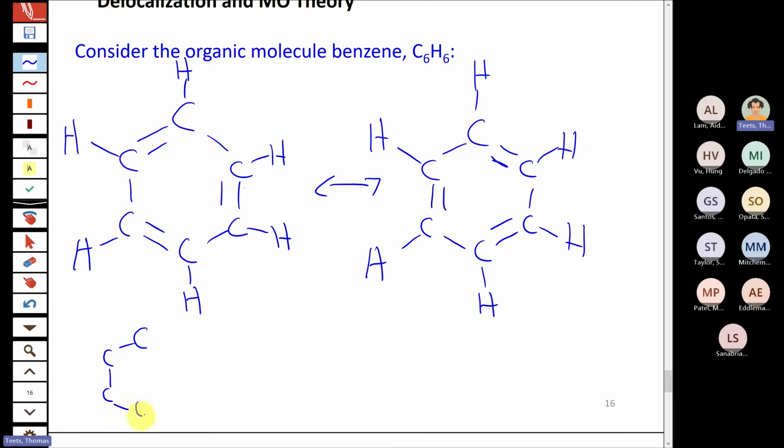So the way that you can draw that, and sometimes it's done, is you'll have your ring of 6 carbon atoms, with the hydrogens all on the outside that we don't really need to worry about too much. You'll sometimes see this drawn with just a big circle in the middle of the ring, which tells you that those pi electrons that come from the double bonds are delocalized over all 6 positions equally. Again, not alternating, not sometimes here, sometimes there.